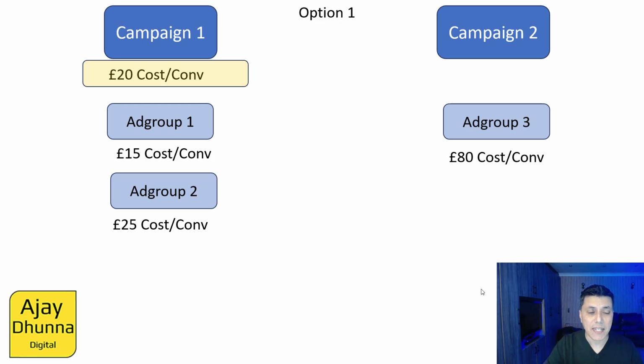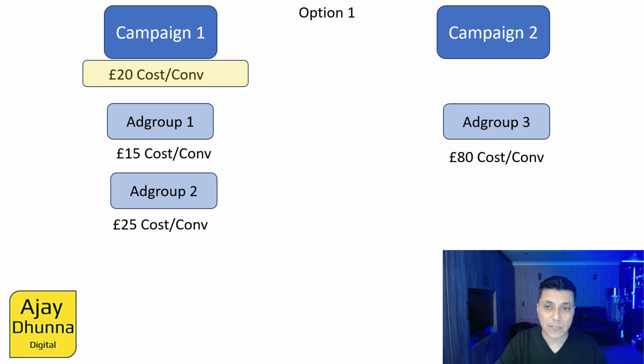Now the cost per conversion of campaign 1 is £20, because you've got one ad group performing at £15 and another at £25, which means the whole of your budget is now focused on ad groups that are converting and driving leads, sales, or whatever it is.